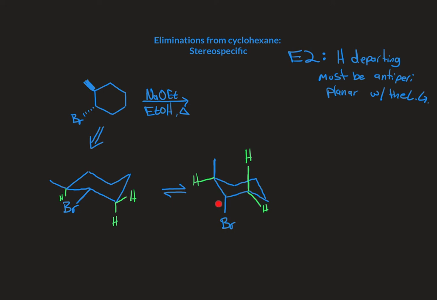The only hydrogen on this molecule that is both on the beta position, so that's 1 carbon away from where the bromine is, and antiperiplanar, both requirements of an E2, is this hydrogen. And so when sodium ethoxide comes in and deprotonates, this is the only hydrogen that can be removed. It must be that one.